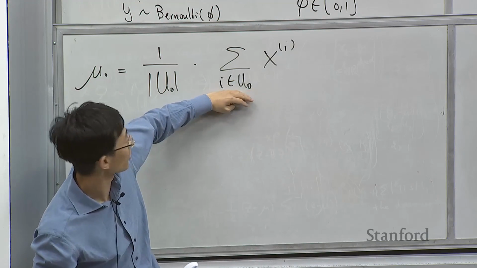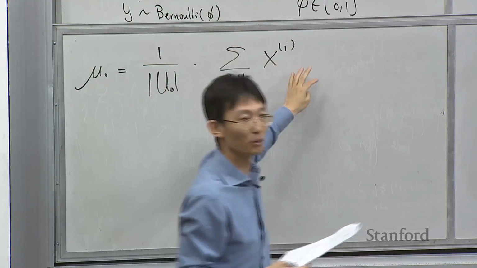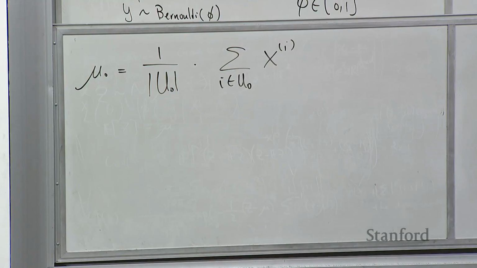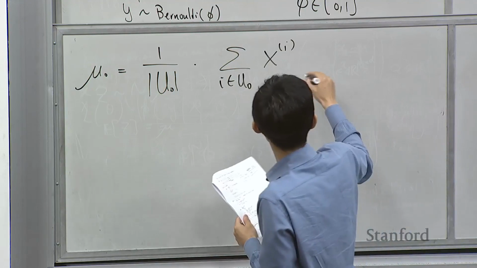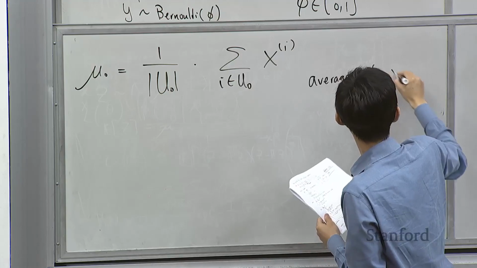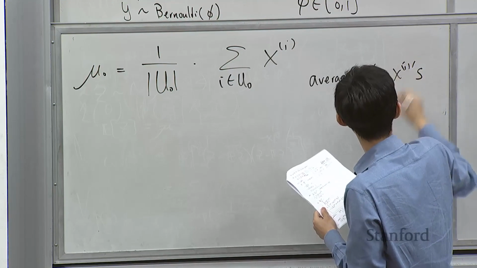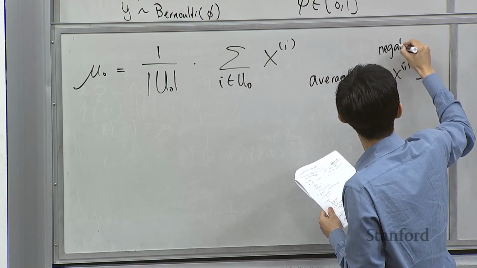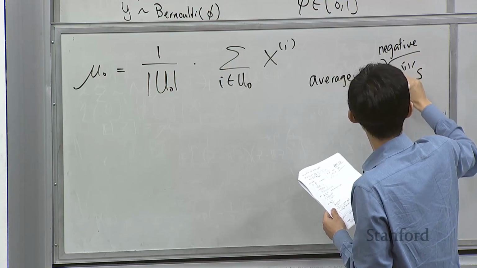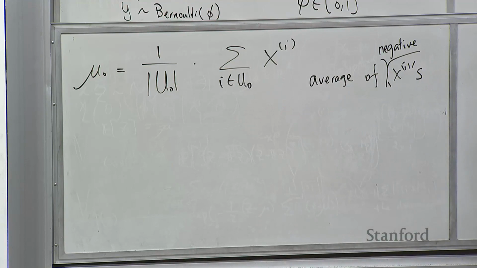So this is a sum over the examples in that set, taking the sum of the input vectors, the feature vectors xi. Basically, this is just the empirical average of the negative xi's. I'm looking at all the negative examples and taking the empirical average of the xi's in it. That turns out to be the best estimate for the mean of that class.